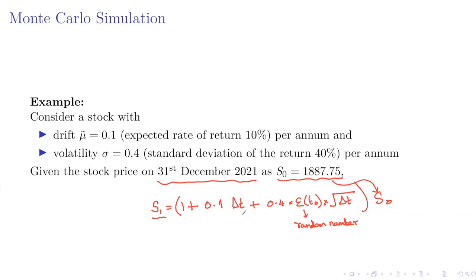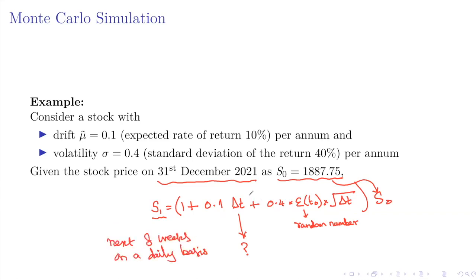Okay. Now, what is this delta t? That depends on what time scale we are going to simulate this price process. For instance, in this example, we are interested in predicting the stock for the next 8 weeks on a daily basis.